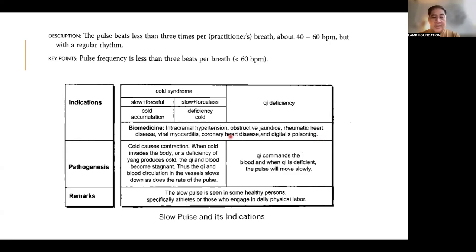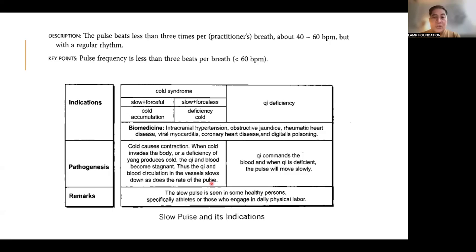Okay, pathogenesis, or how the cold syndrome has evolved. Cold causes contraction. So when cold invades the body, or a deficiency of yang produces cold, of course, you will observe qi and blood to stagnate. So the qi and blood circulation in the vessel slows down, as does the rate of the pulse.